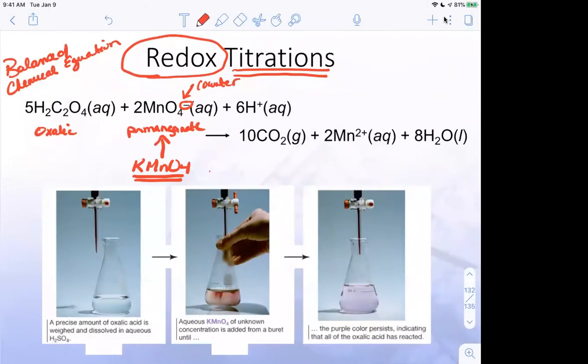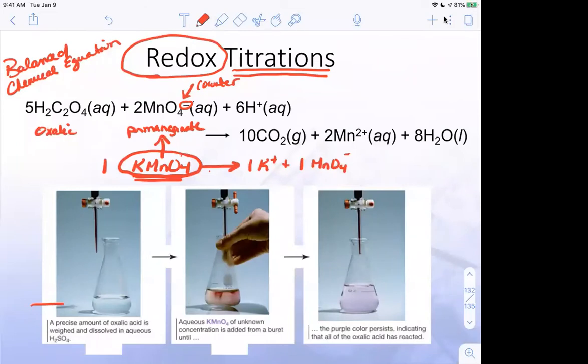So one potassium permanganate compound gives me one potassium plus and one permanganate ion. I can use this information to determine, if I need to, how much permanganate ion I get if I'm given the amount of potassium permanganate that I have. I'll show you that in the example.